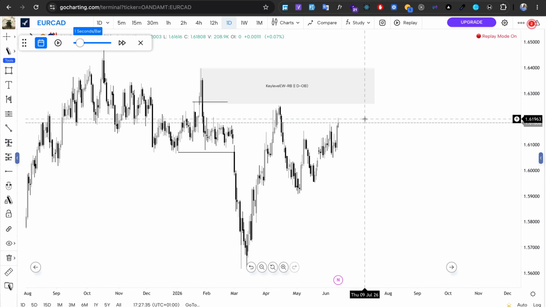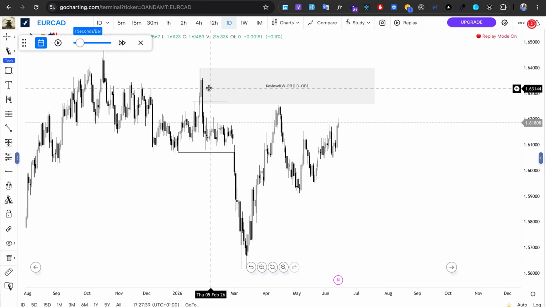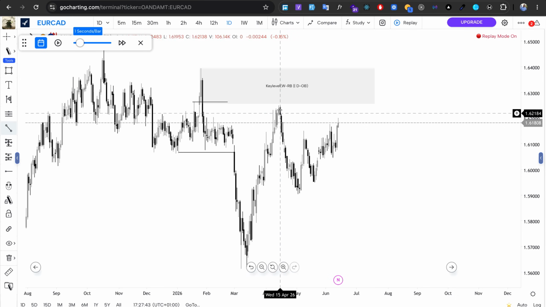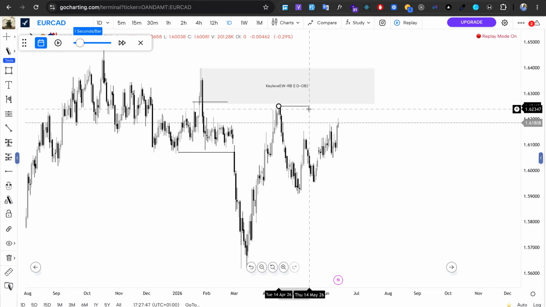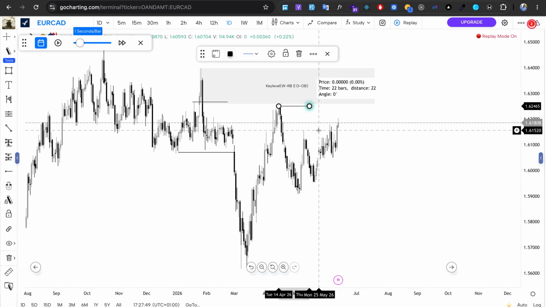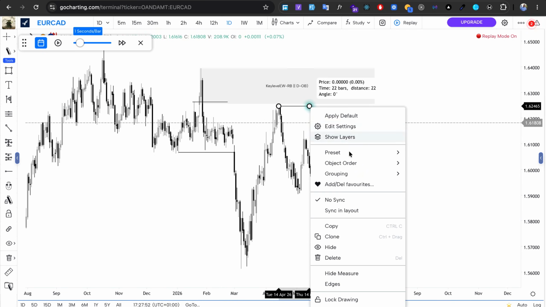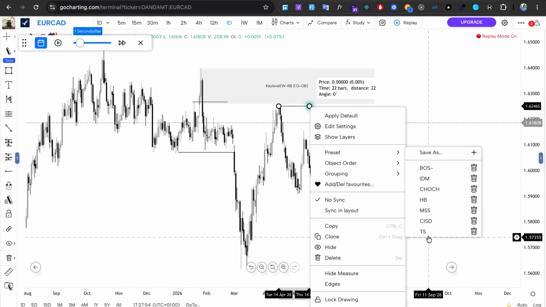We are back on the replay now. So as you can see, this is an OD, and this is like a liquidity that price can take to go back.